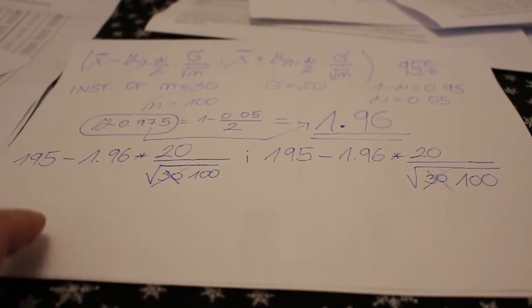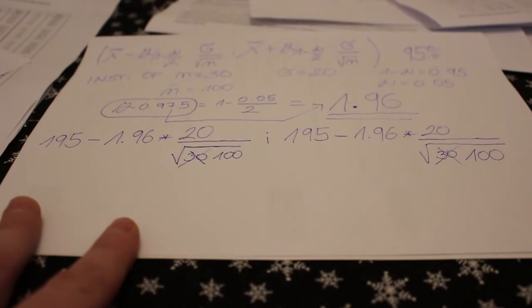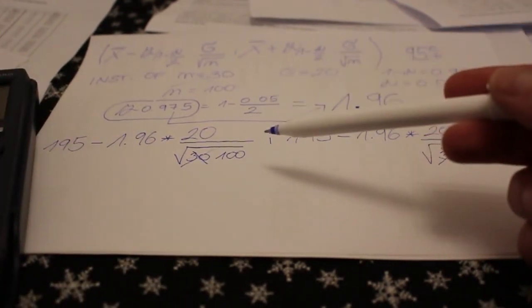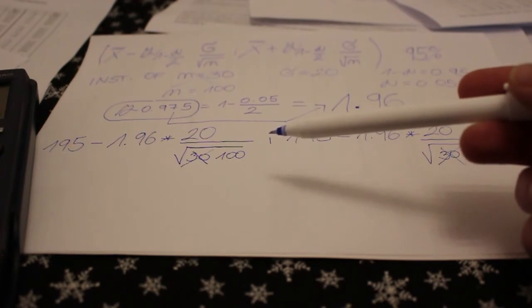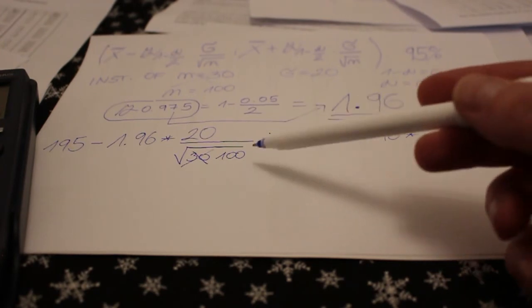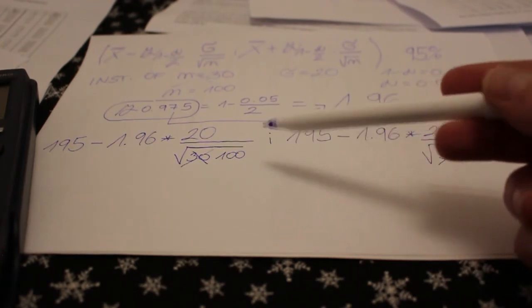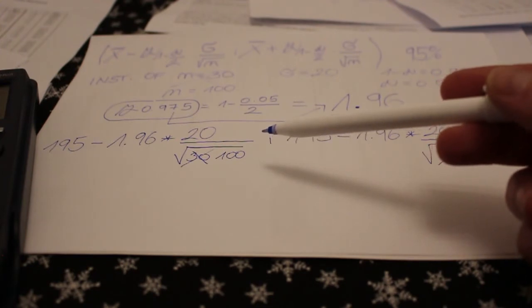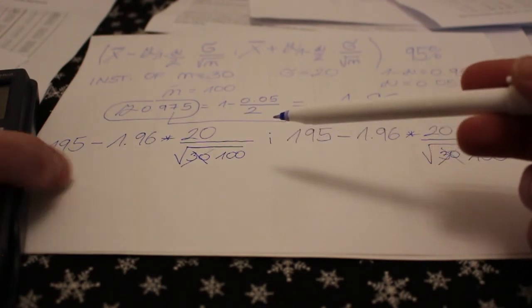Yes? So, we can solve this confidence interval. Use calculator: 20 divided by square root from 100 times 1.96. 195 minus this calculated value.